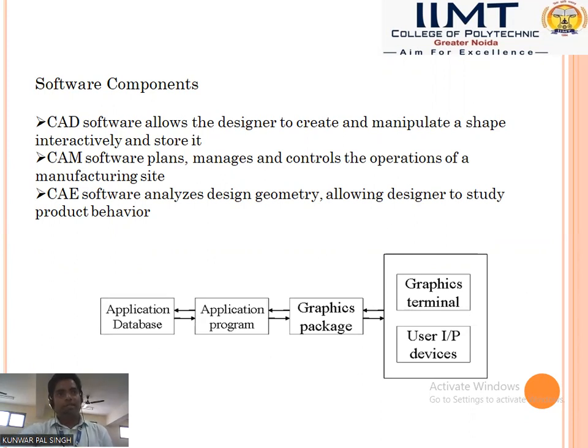We need the application database. This database transfers data to the application program. It interchanges data with the graphics packages. It is also connected with the graphical terminal and user input devices. So these are connected to each other and transfer data to each other to complete all these activities.